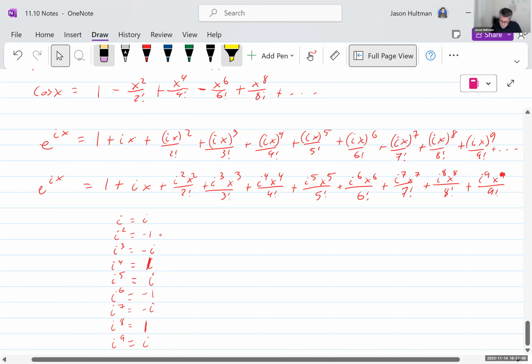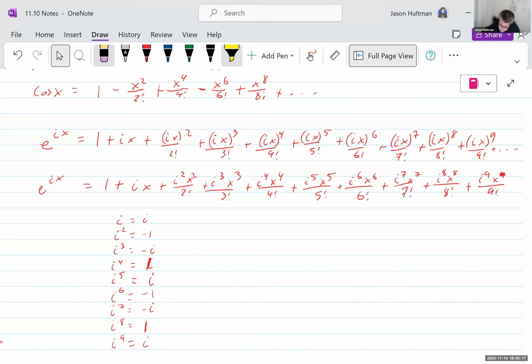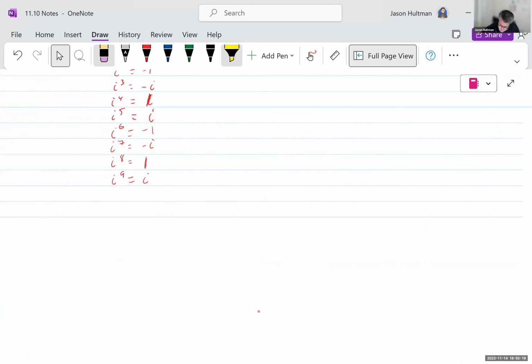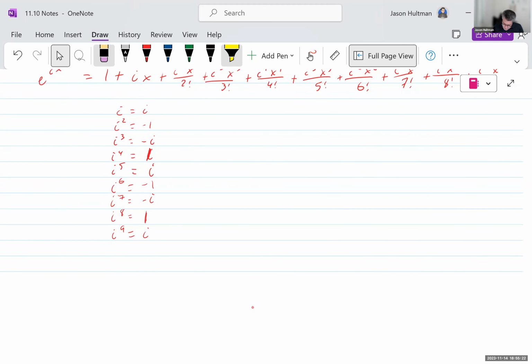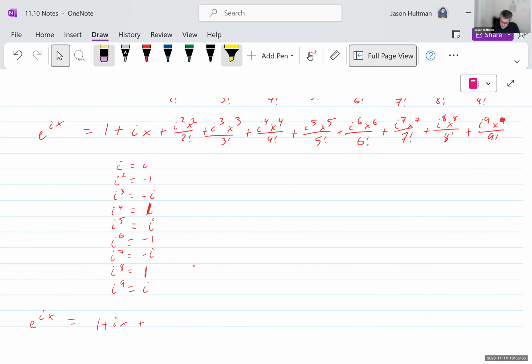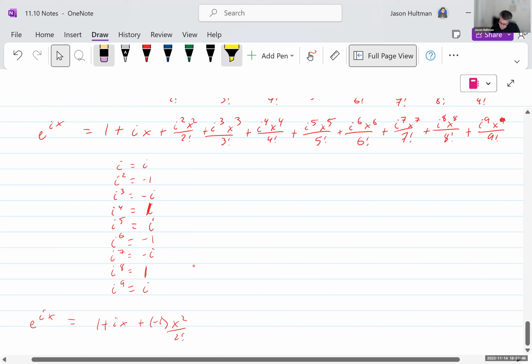And so what happens here is as we cycle through, we get e to the ix is equal to 1 plus ix plus i squared, which is -1, times x squared over 2 factorial.